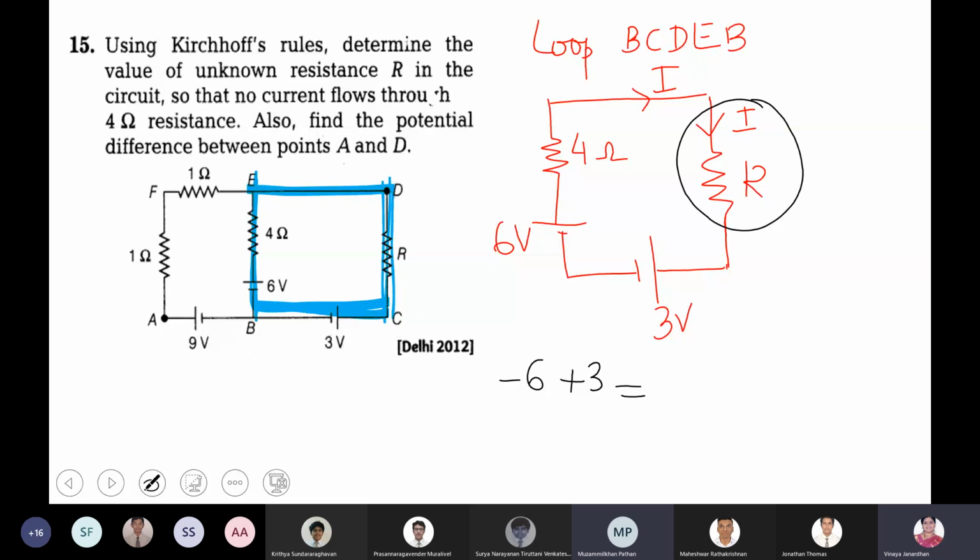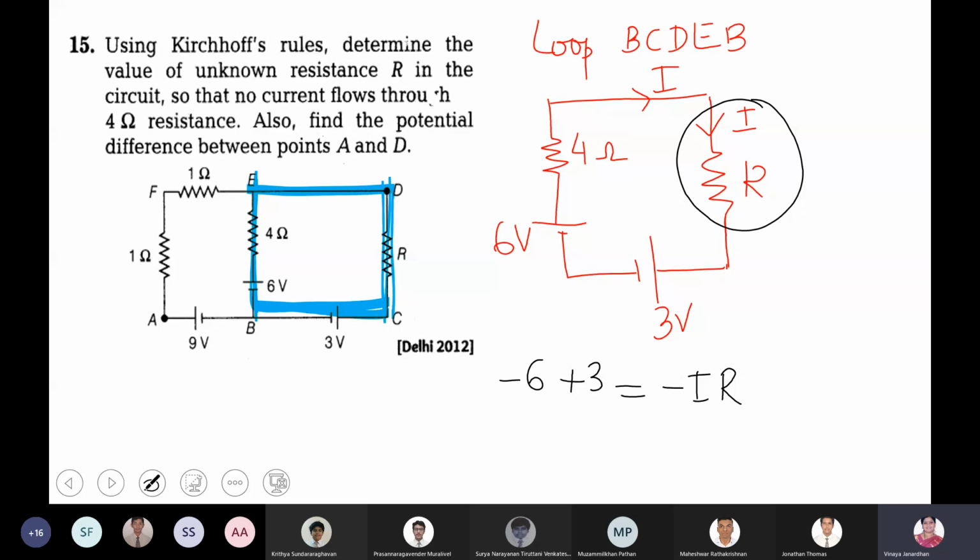So you have a resistor R. I is the current flowing through it. What is the potential difference across R? I into R. Now check whether this current is flowing clockwise or anti-clockwise in the entire circuit. I is flowing clockwise, so it will be negative. Is that clear, boys?